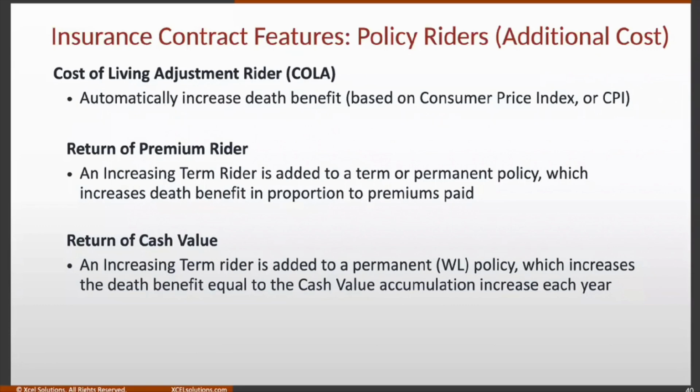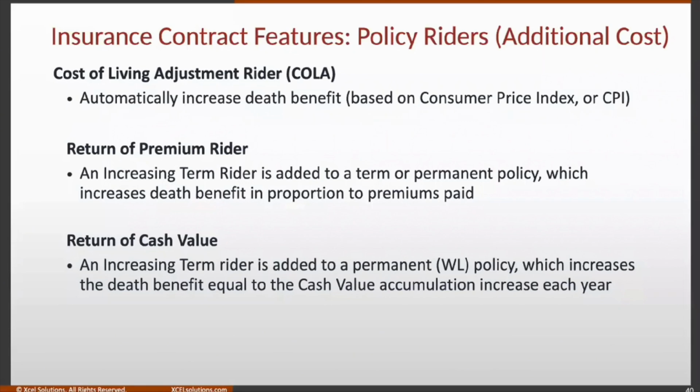So when you have a cost of living adjustment rider on your policy, that would enable you to increase your death benefit based on the CPI. And we use the CPI to determine inflationary rates. When inflation goes higher, your dollar doesn't purchase as much. So if the death benefit is stationary in high inflationary times, the death benefit wouldn't provide as much protection to your beneficiary.